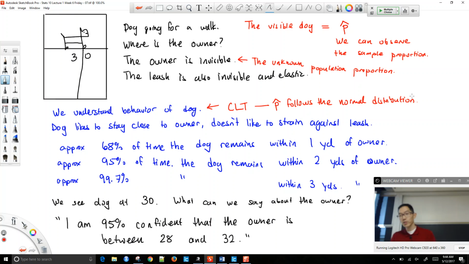Or 68% of the time, that p hat is within 1 standard deviation of the mean, whatever you want to say with the normal distribution. And because we understand the behavior of p hat in relationship to p, even though I don't know the population proportion, if I observe p hat, I can say something like, I'm 95% confident that p is somewhat close to the p hat that I've observed.